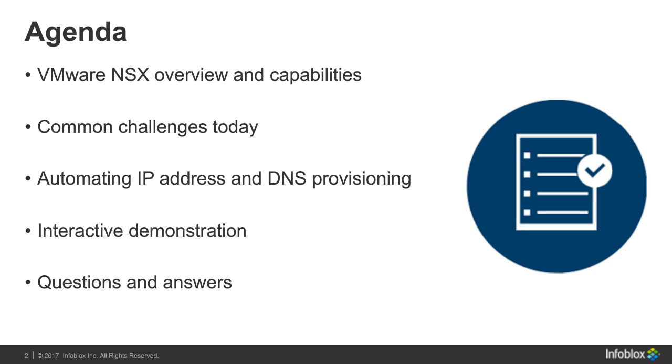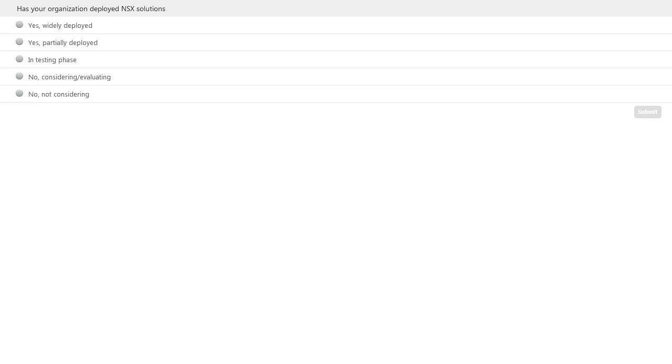Before I turn the call over to Simon, we do have a couple of polling questions throughout today's webinar. My first one I just popped up here, so if you have a chance, please answer this. To help Simon understand the audience and where you are today, can you let me know where your organization is when deploying NSX architectures within VMware? Are you widely deployed, maybe partially deployed across some of your organization, maybe you're in a testing phase, maybe you're not there yet, you're considering or evaluating, or maybe you're not considering yet today?